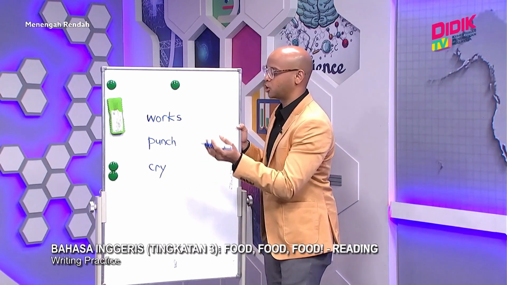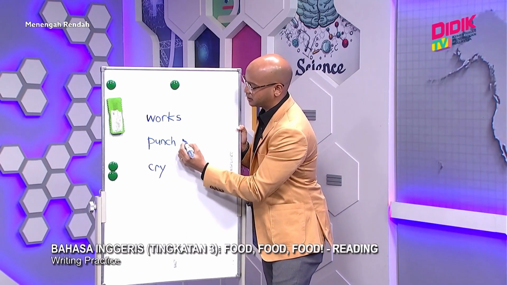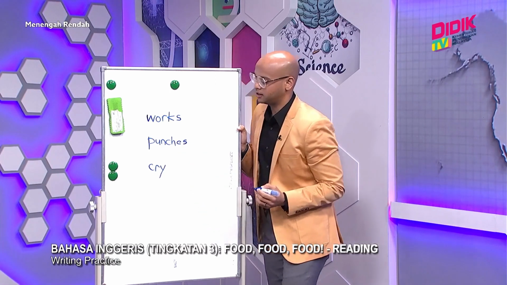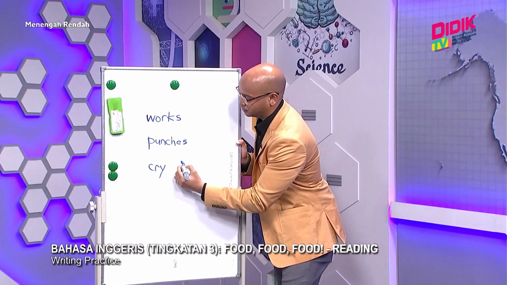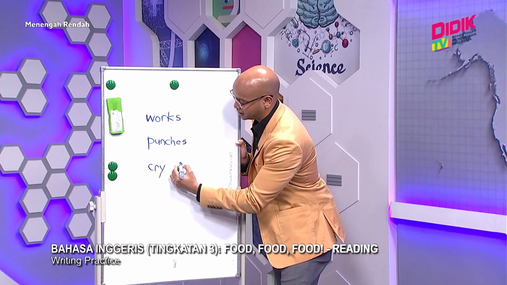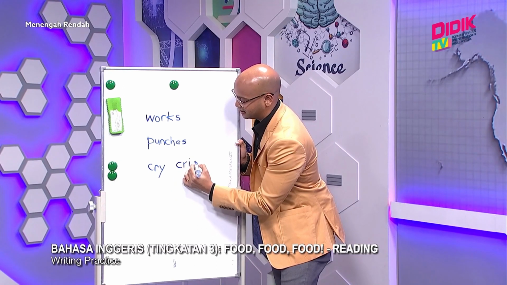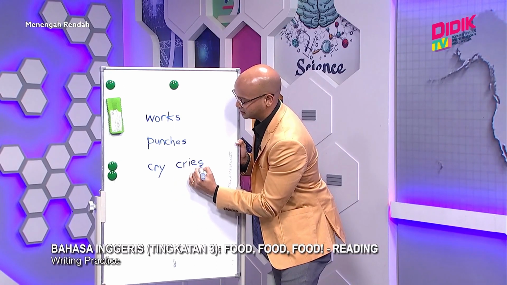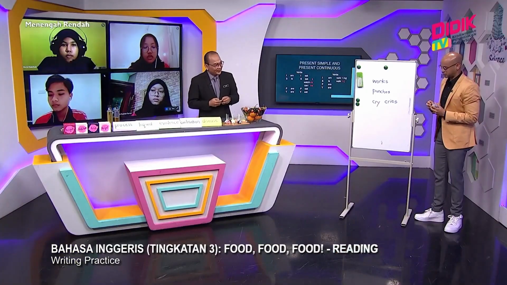For example, Sean works. Punch will not be just an S, but it'll actually be ES: punches. But cry will have to be a new word: C-R-I-E-S. Works, punches, and cries. Good job, Sean. Congratulations, you're all correct.